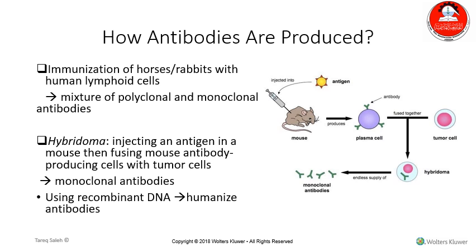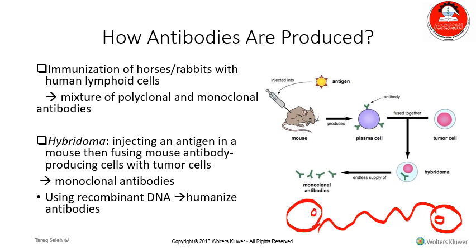Now, we call them polyclonal because they originate from different immune cells. So let's say, for example, you have a foreign body produced by a bacteria or something. So this foreign body will be recognized by different immune cells from different angles. This is just for simplicity.